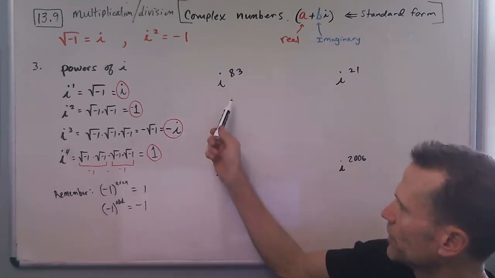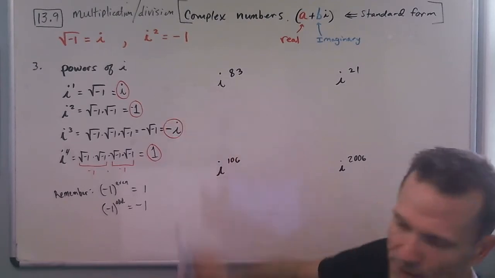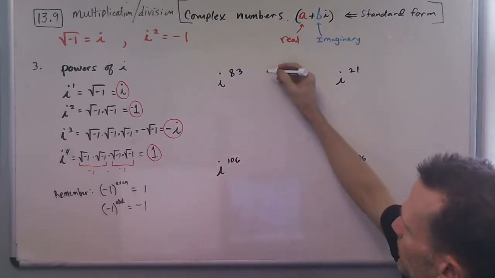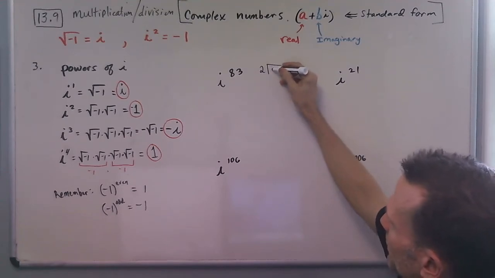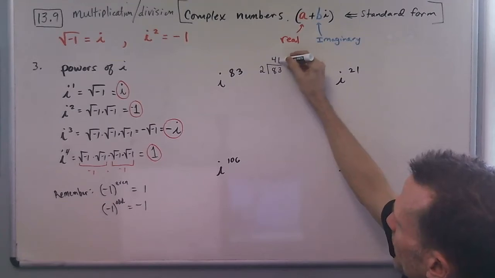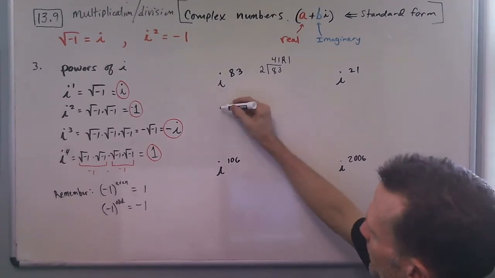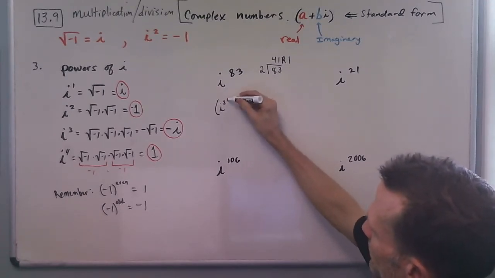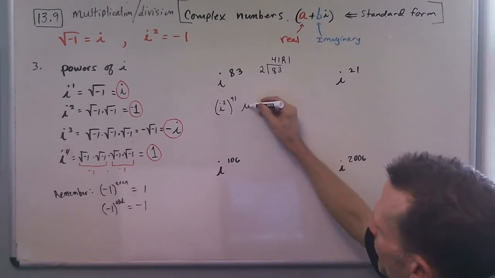So I'm going to show you how to simplify these to find out which one i to the 83rd would be equivalent to. Now I use a little different method than the Hawkes Learning System does, and I'm going to divide 2 into 83, and that goes 41 times with a remainder of 1. So what I'm going to do then is write this as i to the second raised to the 41st, and then I have 1 i left over.